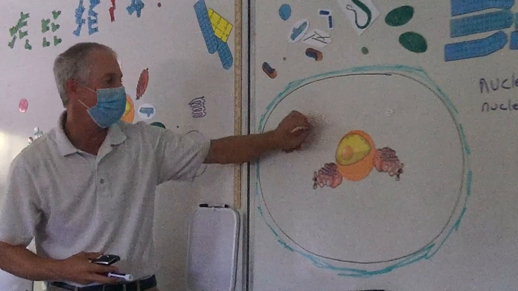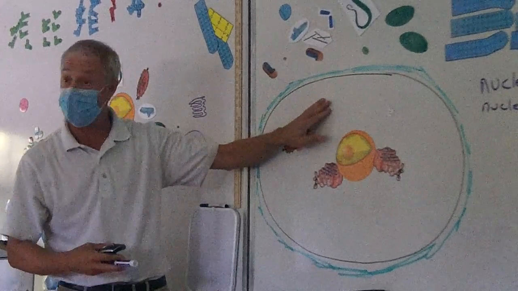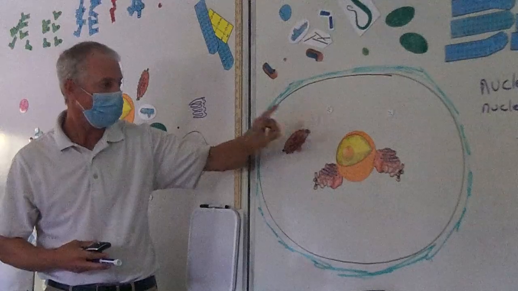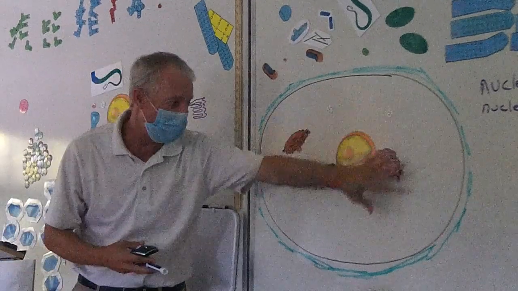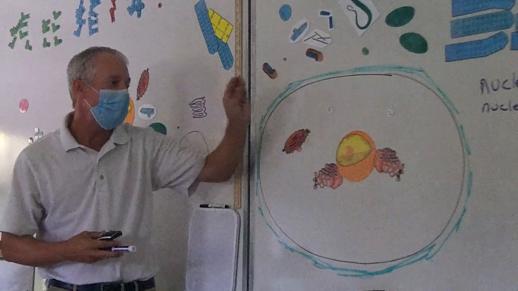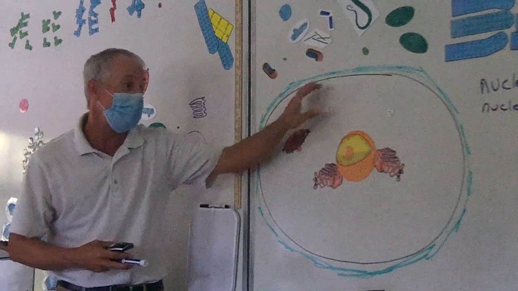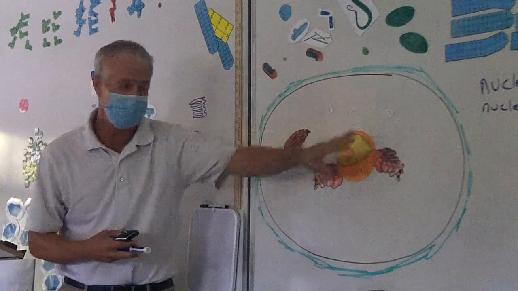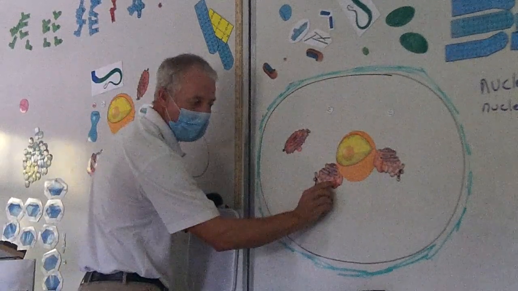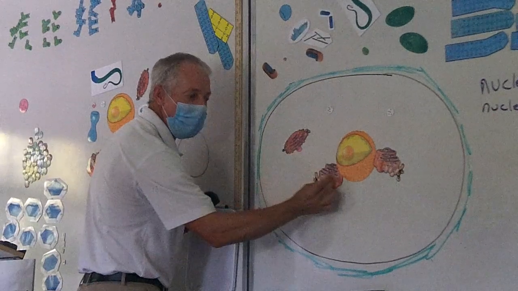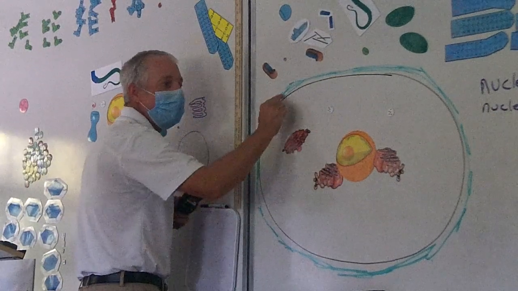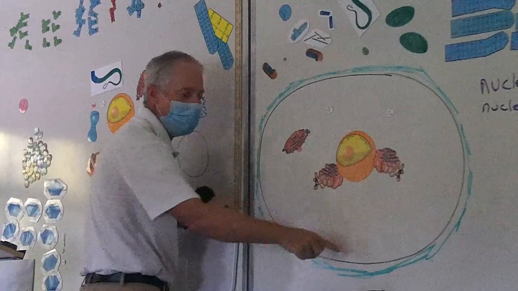The free-floating ribosomes will make proteins as well. The ribosomes that are just floating around in the cell make proteins that stay in the cell. The ribosomes that are on the ER make proteins that end up in the membrane of the cell.